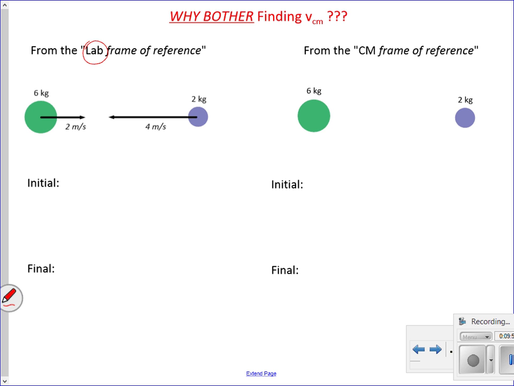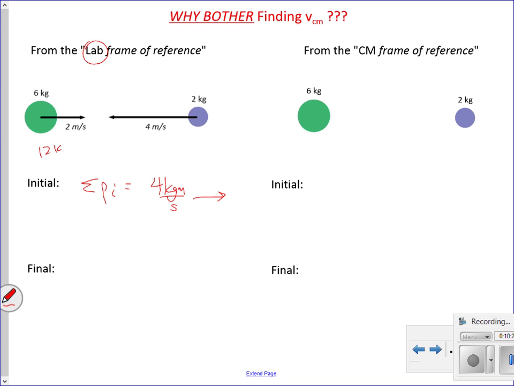If we want to analyze the system from that frame of reference, initially there's a net momentum of 12 to the right, 8 to the left, 4 kilogram meters per second to the right.